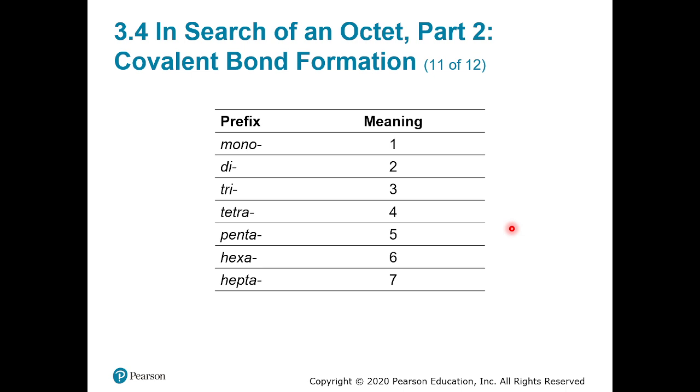And so you leave the mono off by convention on the first element, okay? So for example, carbon monoxide is a great example of this, right? That's CO, and carbon is the first element, and we don't put the mono, right? Yet we put the mono for the second one. So carbon monoxide. Okay? Carbon dioxide, another good example of that, right? Okay.